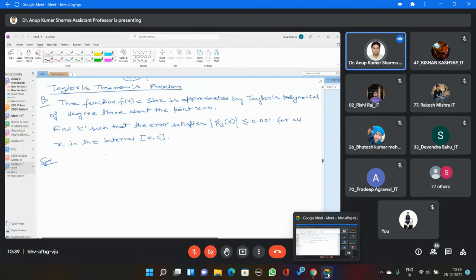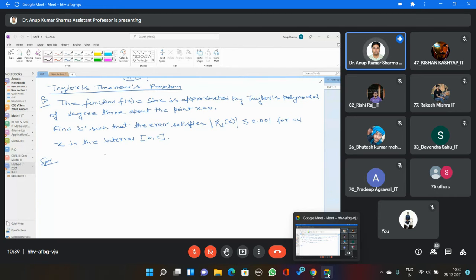Okay, so in this case, the function given, sin x, is approximated by Taylor's polynomial of degree 3. So we do not write the Taylor's theorem up to 4 degree. Okay, we just stop at 3 degree. So there is also R3.